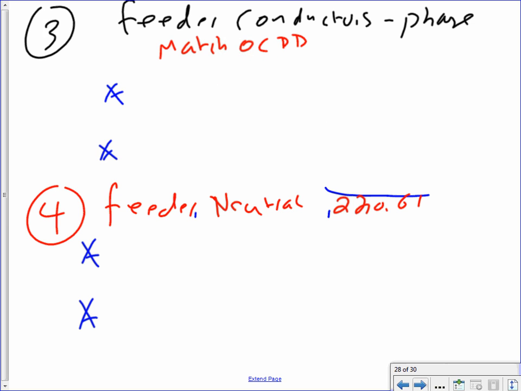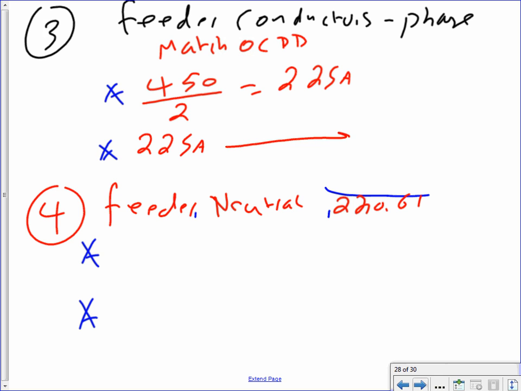Let's take the 450 and parallel. Divide by 2. That'll give you 225 amp, right? Then I'm going to take 225 amp to table 310.15 B16 under the 75-degree column.